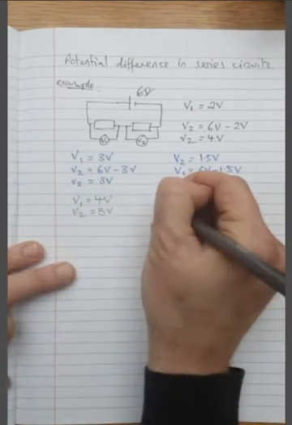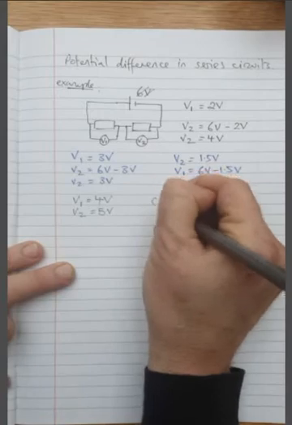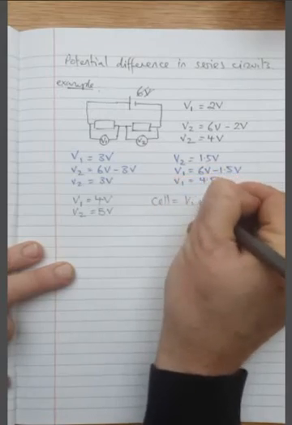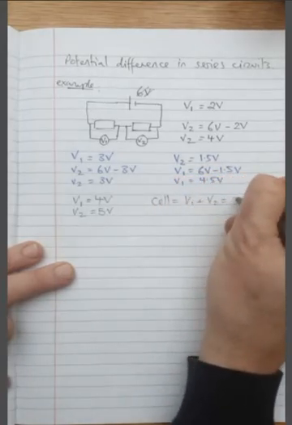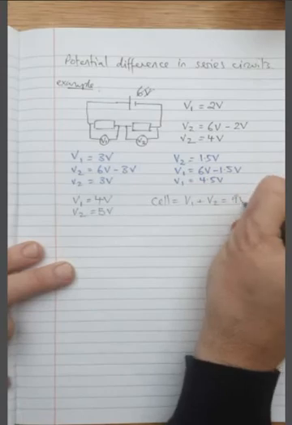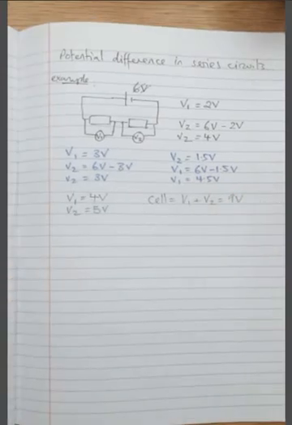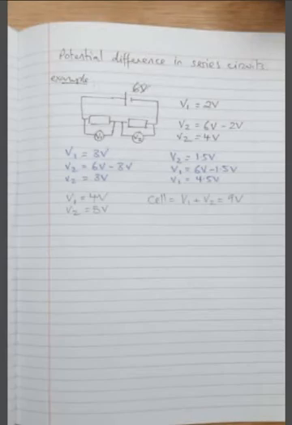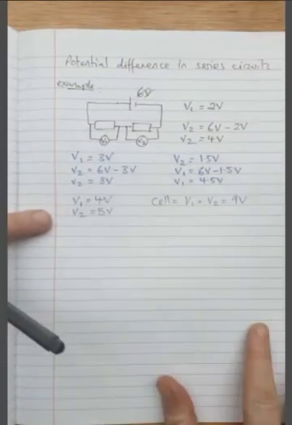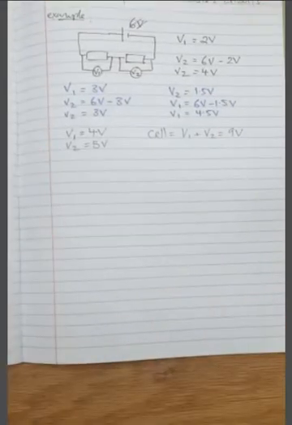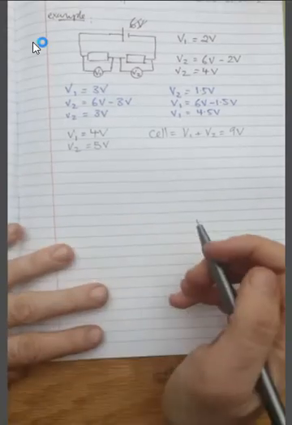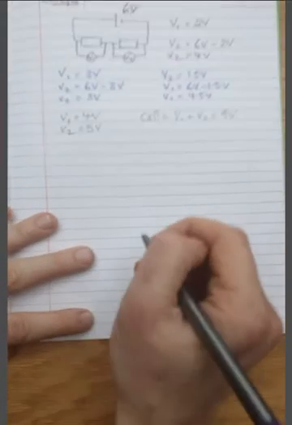Well then, the cell equals V1 plus V2, which equals 9 volts in this case. Fairly straightforward. So what I'd like you to do now, similar to what we've just done, is draw the following circuit and answer the questions that I'm going to give you.